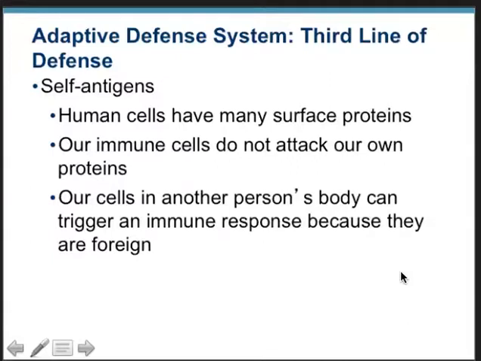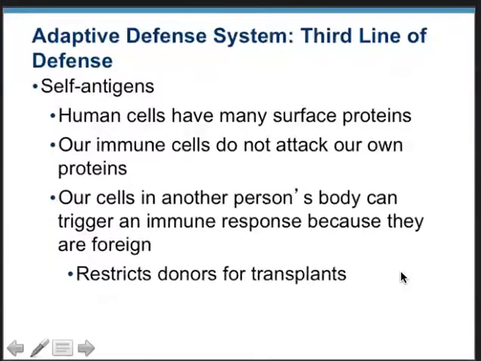Other than that, you're waiting for the accidental death of somebody who happens to be what's called histocompatible to you, and the likelihood of that happening on a day-to-day basis is extremely remote. So a lot of these people are on recipient lists for a long, long time. This restricts donors for transplants, with, of course, the exception, as we pointed out, of identical twins.